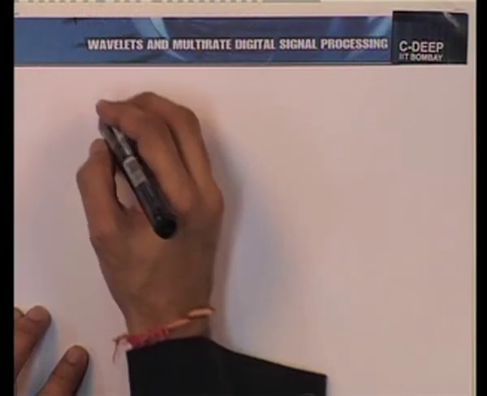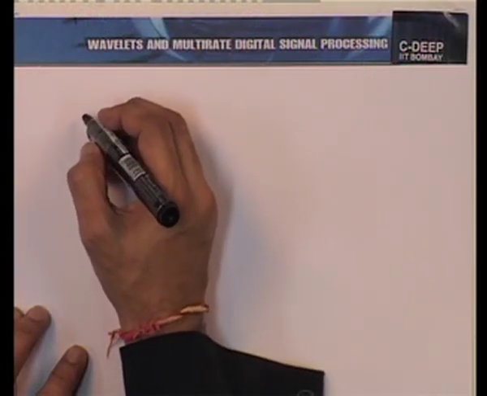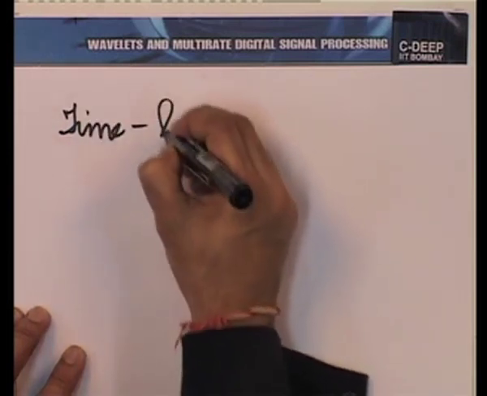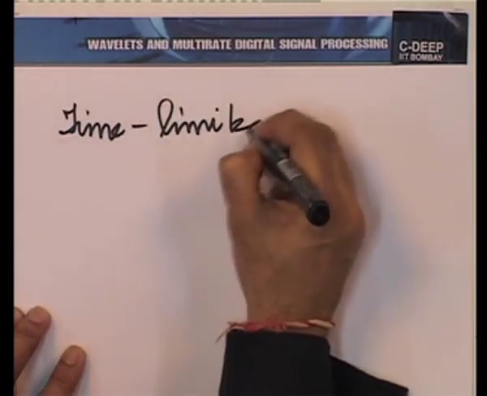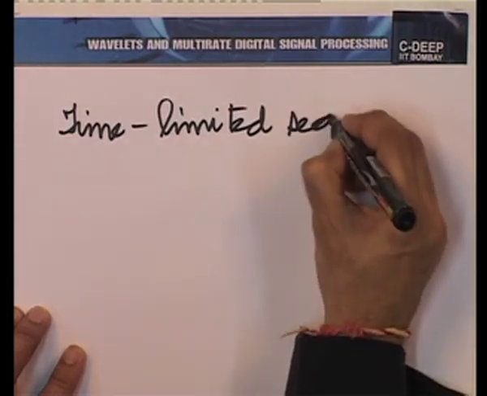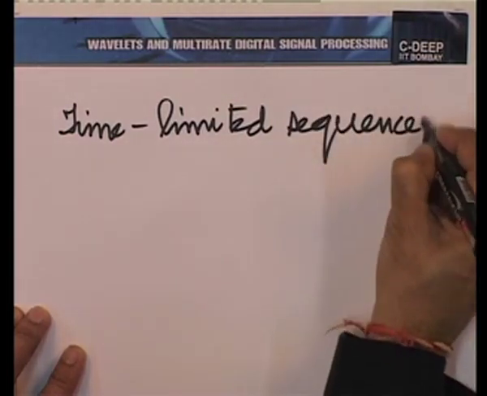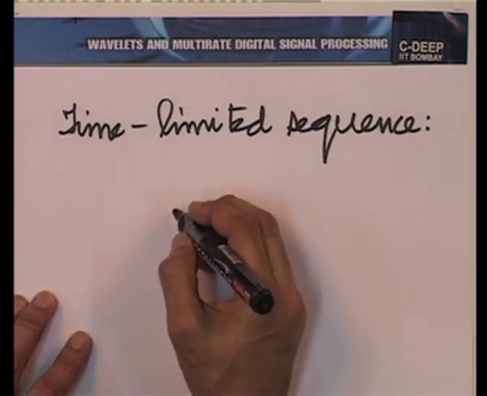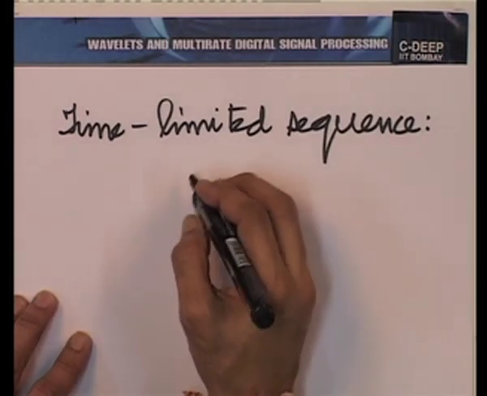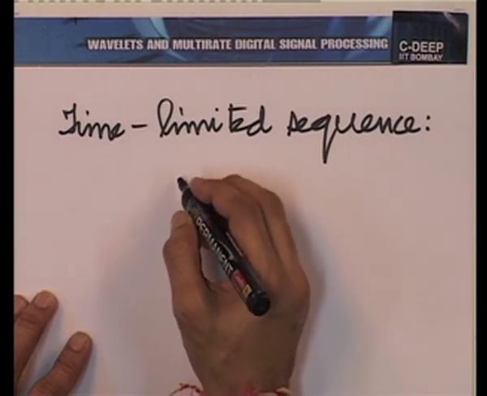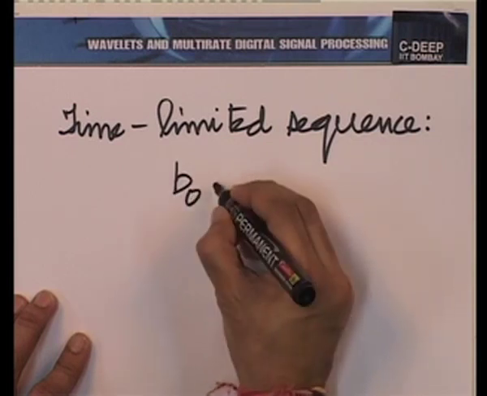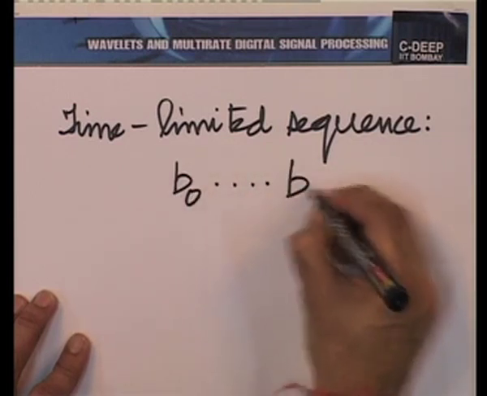So, if you recall, if you have a time limited sequence, let us say it has capital N samples. So, you have, let us give the sequence a name, B 0 to B N minus 1 to be more precise.